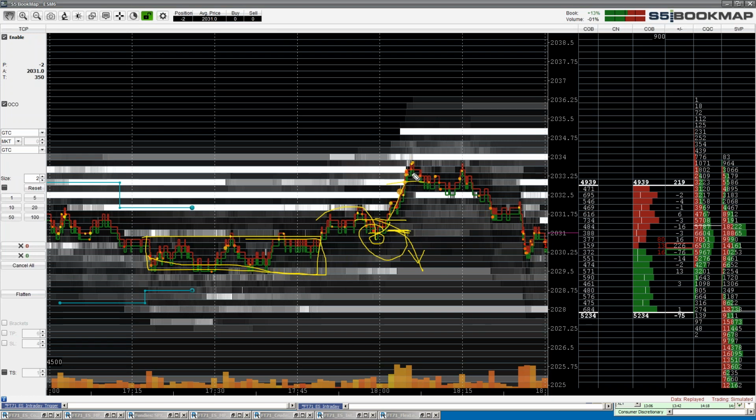Now I'm watching what it does as it trades. If the market starts to flag down and is failing, then I will just get out and take another stab if I have to. However, if the market pulls back and starts to push forward, then instead of watching the stop, which is down here, I start to watch what it does with this zipper here.